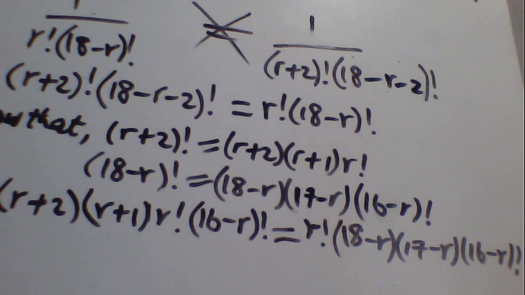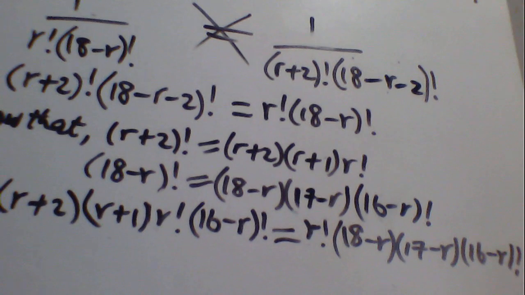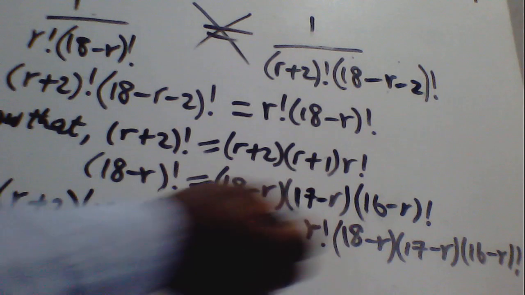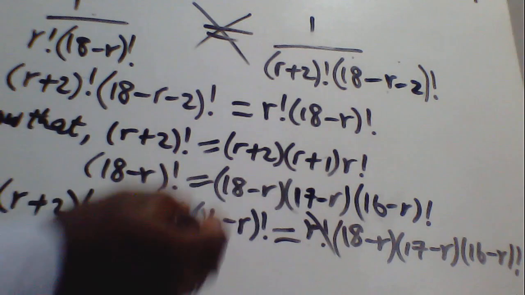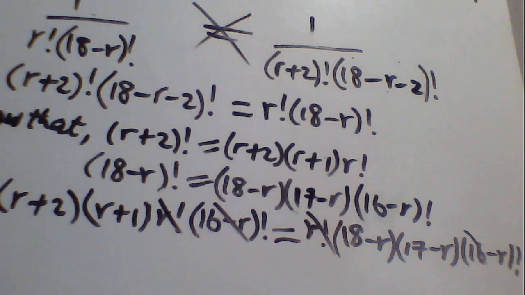Having written it, notice that there are some terms in the right hand side that are equal to terms in the left hand side. Those terms will cancel out since we are solving an equation. R factorial will cancel. (16 minus R) factorial will cancel out.